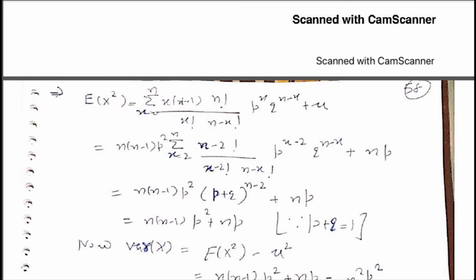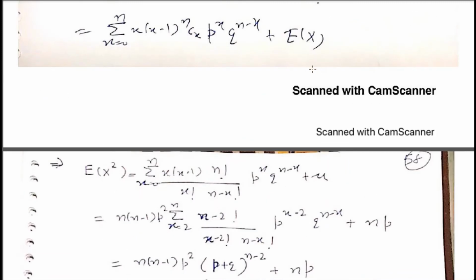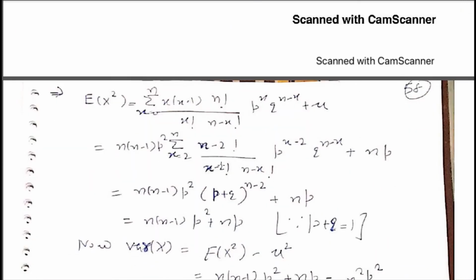Since after cancellation this is 1 by factorial (x minus 2), obviously the minimum value of x will be 2. So x here varies from 2 to n. And p raised to power x can be written as p square into p raised to power (x minus 2), into q raised to power (n minus x), plus expectation of x, that is np.